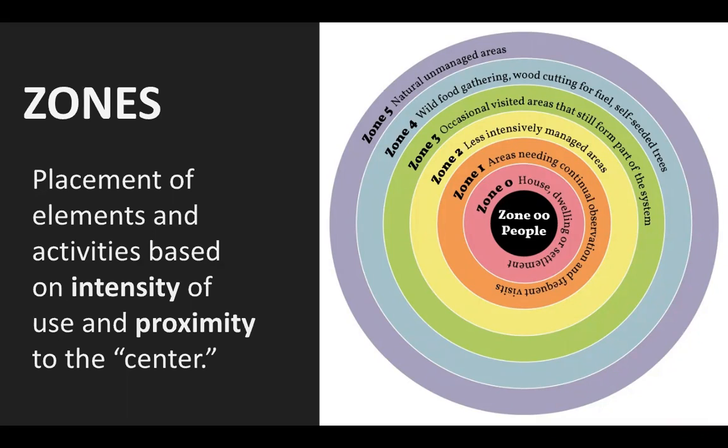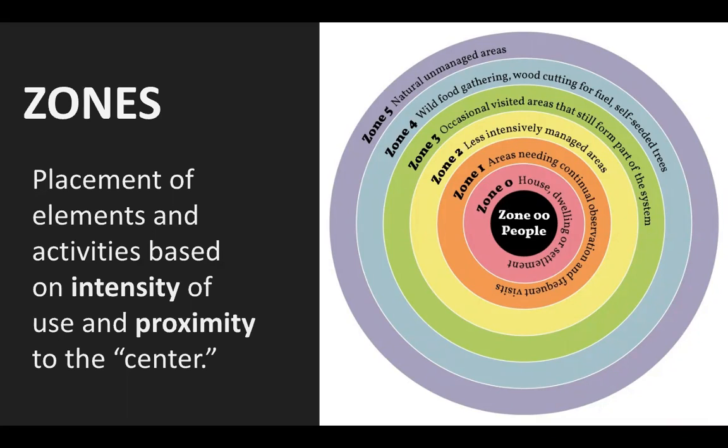Maybe you have a workshop that goes in zone 2. As we move outward in these rings, we're getting to the less intensively managed areas. But like I said, zone 2, you're still visiting there maybe once a day or a couple times a week.